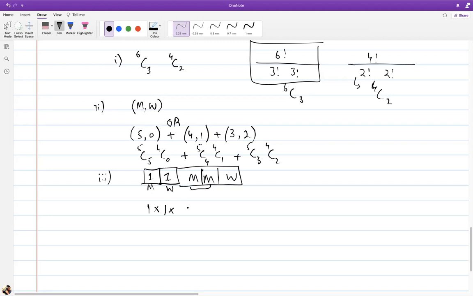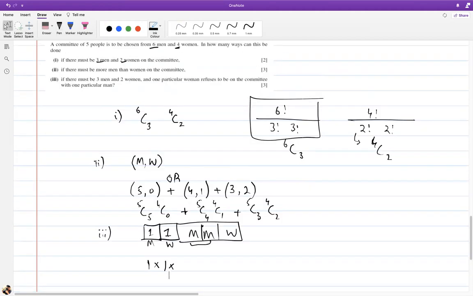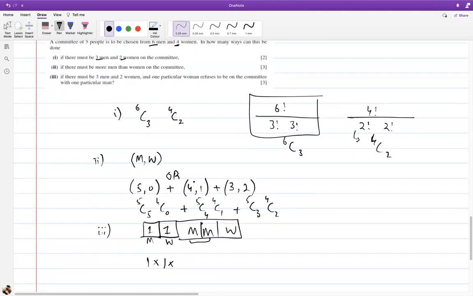Now you have 5 men to choose from, and you're picking 2 of them. So 5C2, and 3 women to choose from, and you're picking 1 of them. So these are ways in which you definitely have those two members on the team, right?